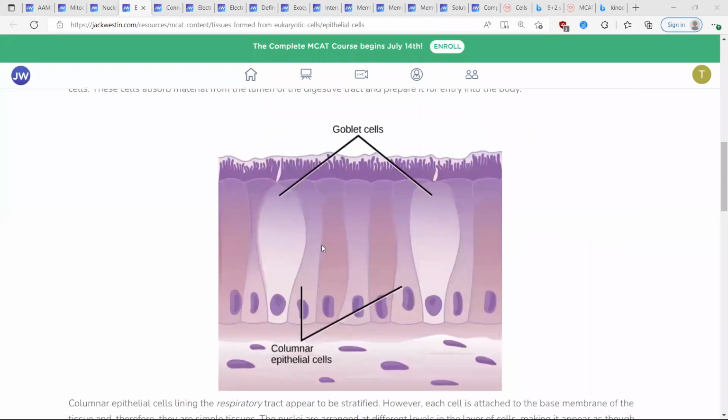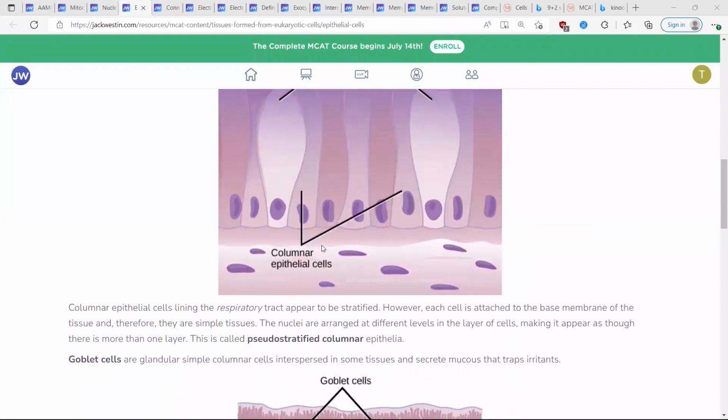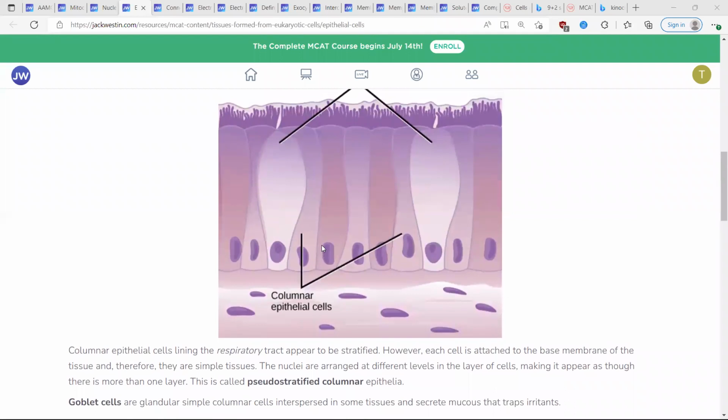Anatomy is the part of the MCAT that's most about memorizing and just drilling down on what everything actually is and how it works.